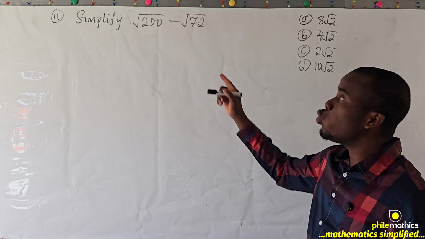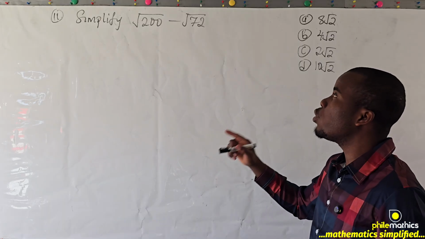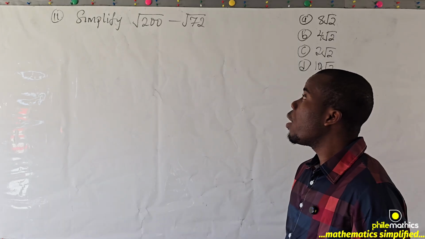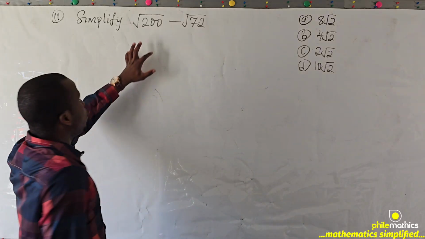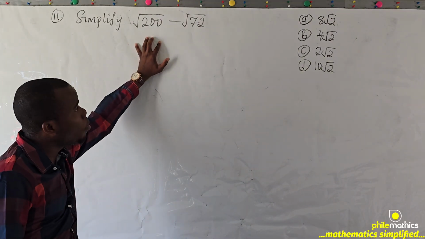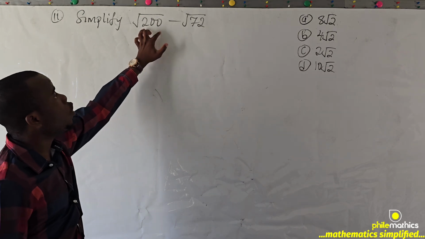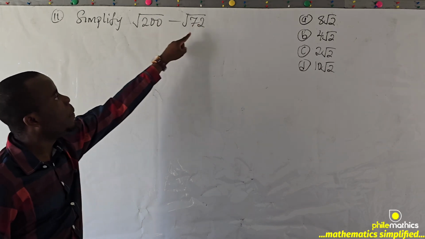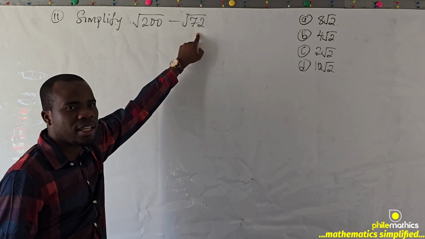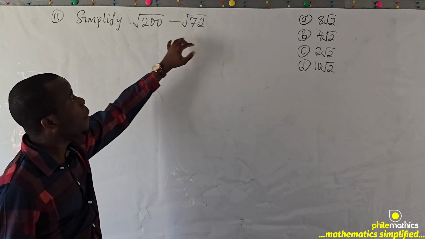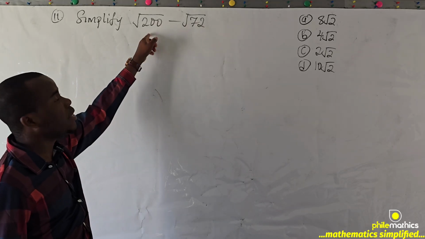Simplify root 200 minus root 72. So this is a problem under surds. And what you want to do here is factorize each of these terms such that the largest perfect square is inside.